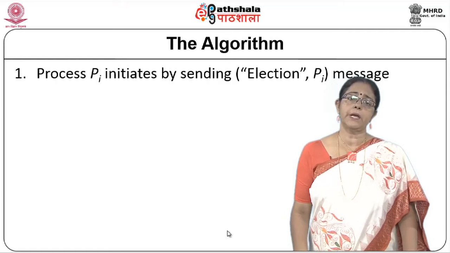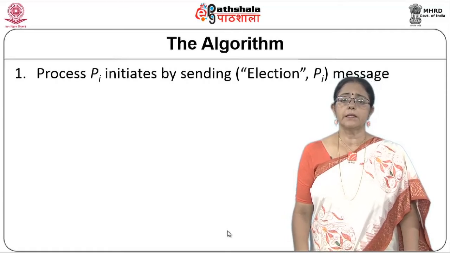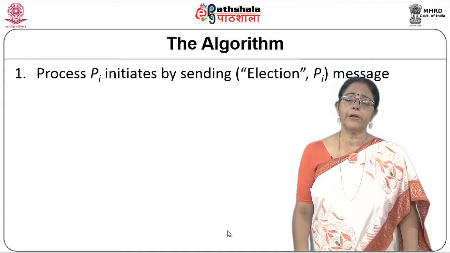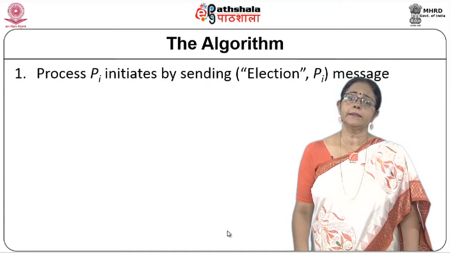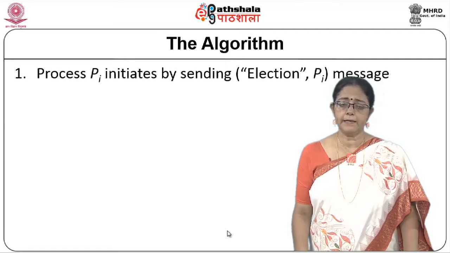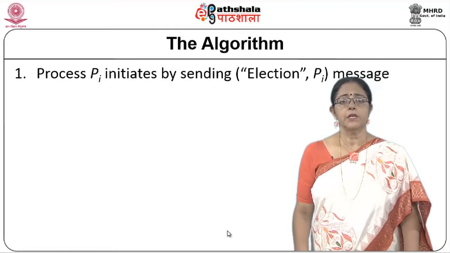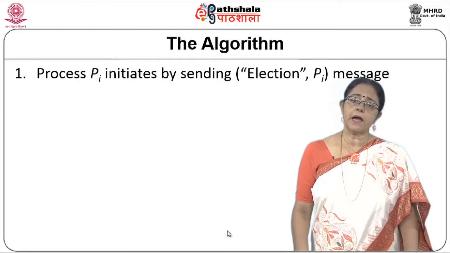The other reason why a node will initiate an election is because it detects that there was already an elected leader, but this particular node detects that the leader has failed and is not communicating with others. So, either of the reasons will make one of the nodes start an election.